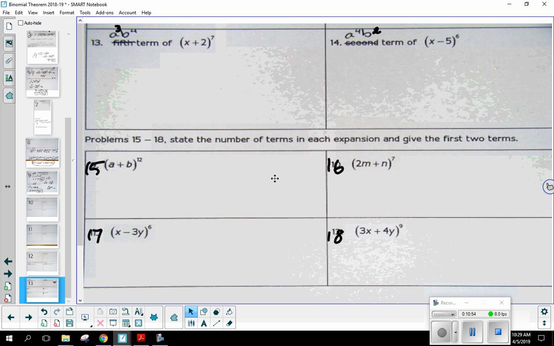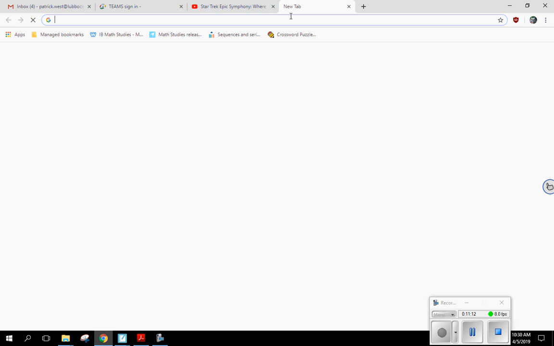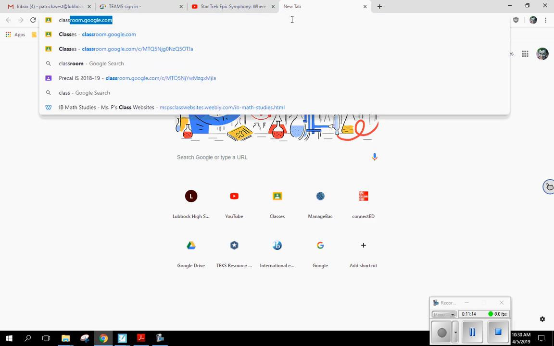What are we starting on Monday? Conics, right? So we're going to start with parabolas. Now, one of the things we're going to have to do is complete the square. Do you guys remember that from Algebra 2? Does it sound familiar? Okay, well, just in case, let me go to Classroom.